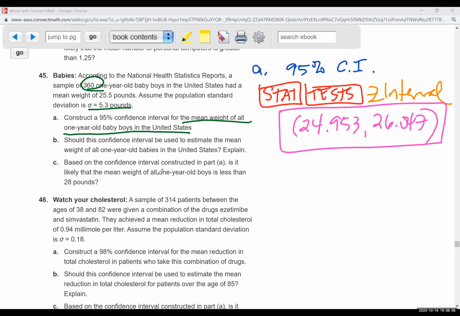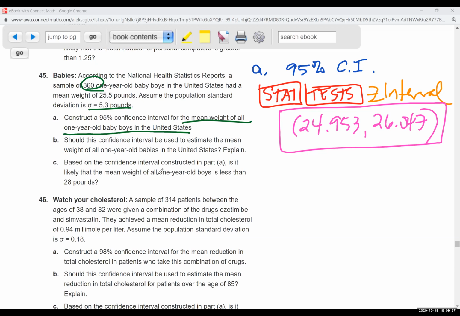Yes, because both the margin of error limits are less than 28 pounds. I mean, since 24.953 is less than 28 pounds and 26.047 is less than 28 pounds. So the range is less than 28 pounds. So it is likely that that is true.